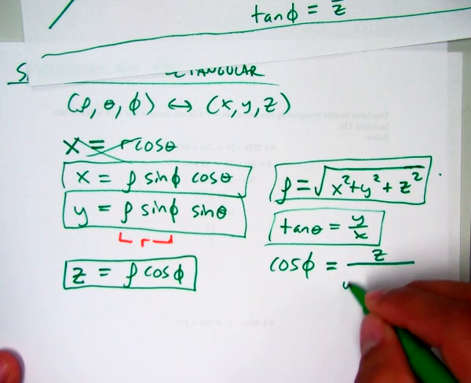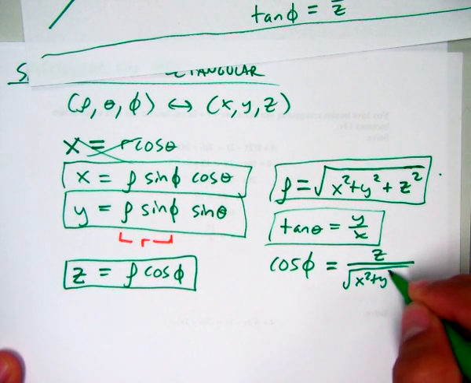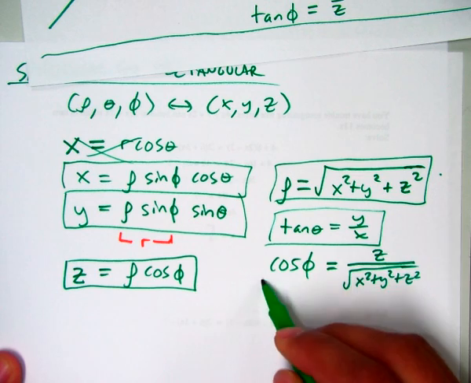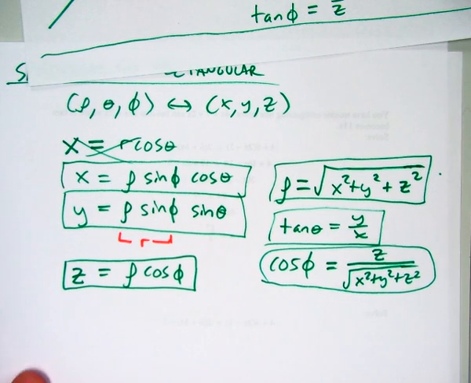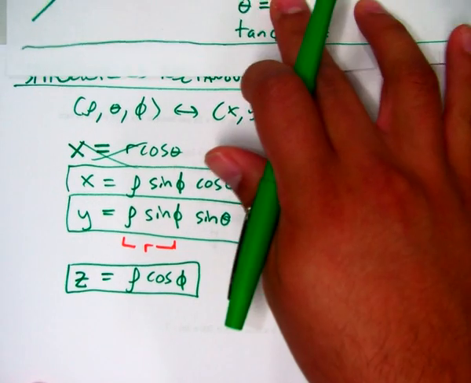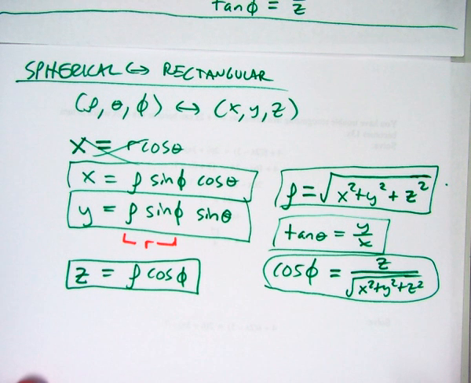Yep. Now you have everything you need to go back and forth between rectangular, spherical, and cylindrical coordinates. All right, so we'll just do a couple of quick examples and then we're done.